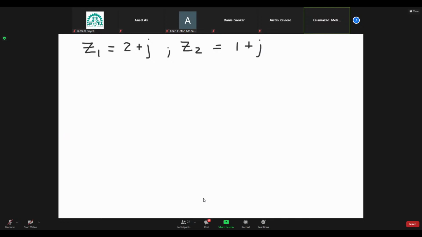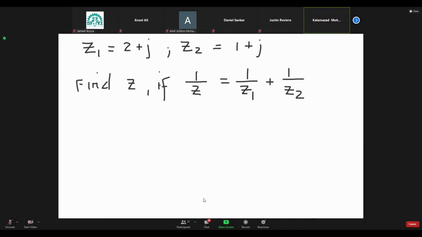Find Z if 1 over Z is equal to 1 over Z1 plus 1 over Z2. You remember from impedances when they're in parallel and when they are in series. So this would be when they are in parallel. So try that. Give you a few minutes, and then I'm going to come along afterwards and check.